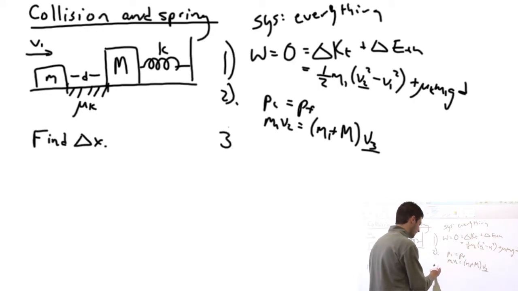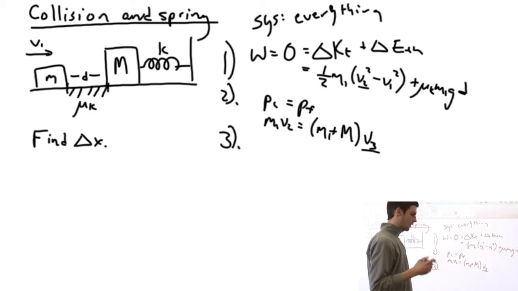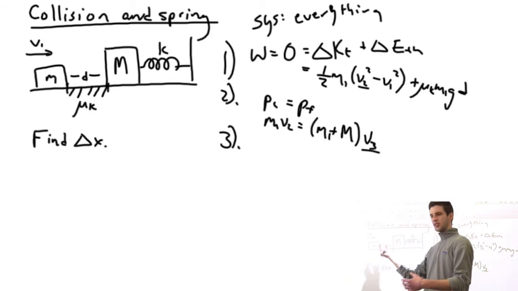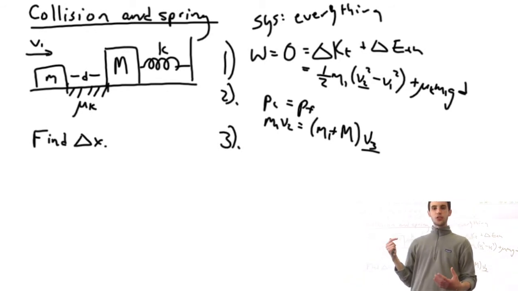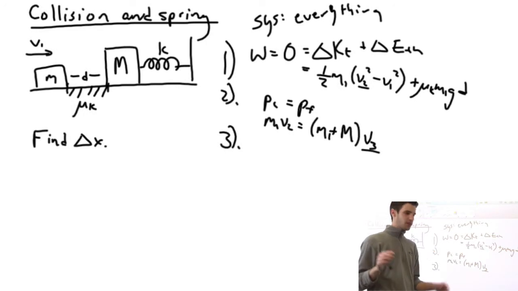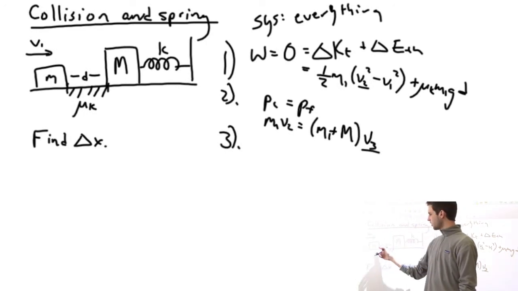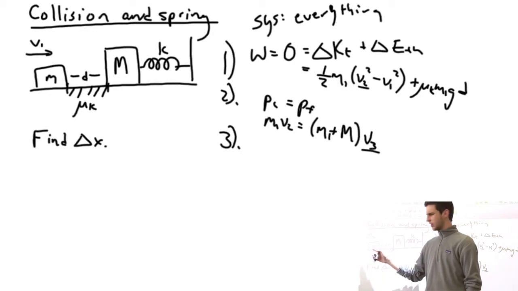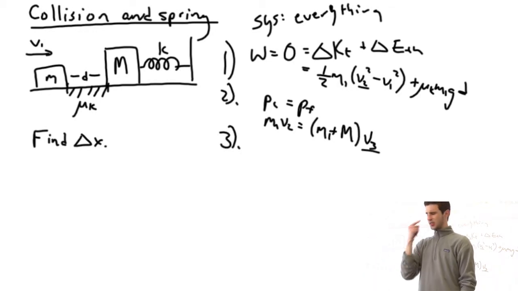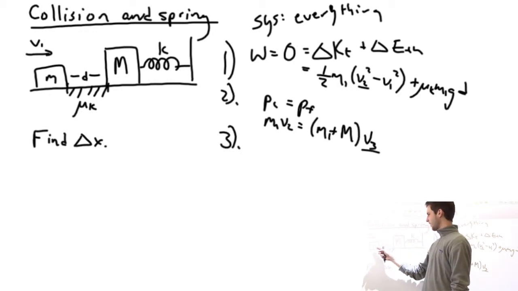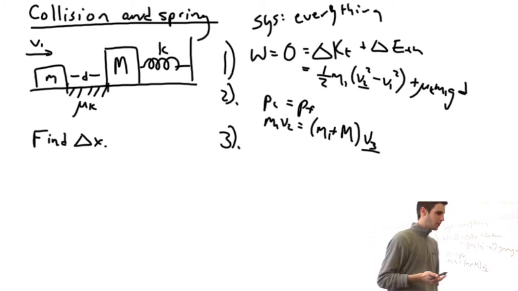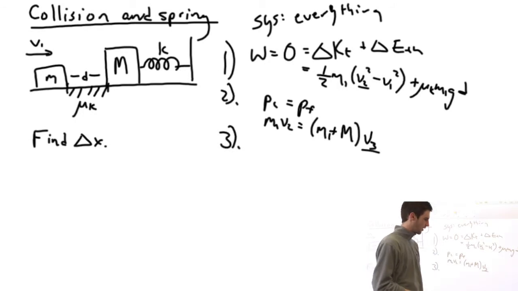At this final stage, we've got a big block system moving at speed v3 into this spring, so we can just go back to the work energy theorem like we always have. One thing I'll note is we're going to ignore the remaining delta E thermal. Technically the small m is still on the friction, but it moves a small distance, so we'll neglect that.